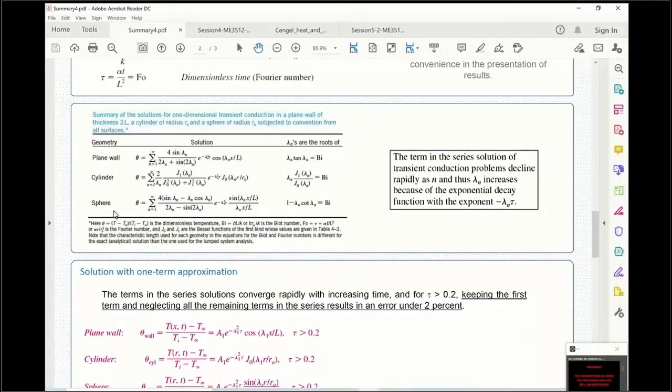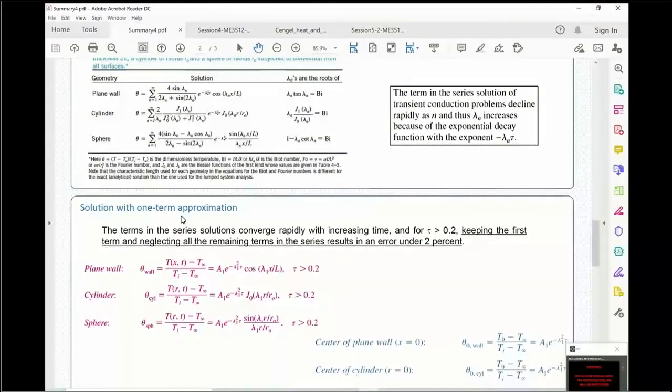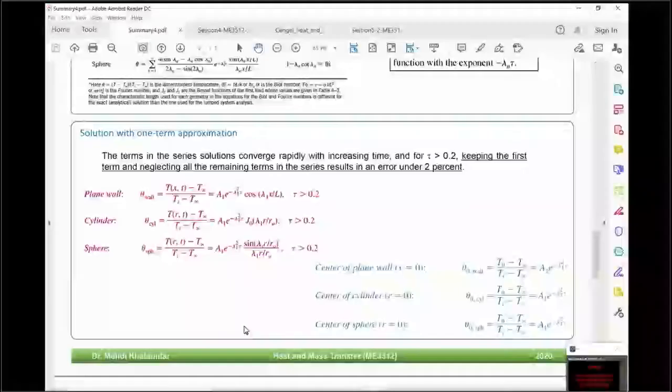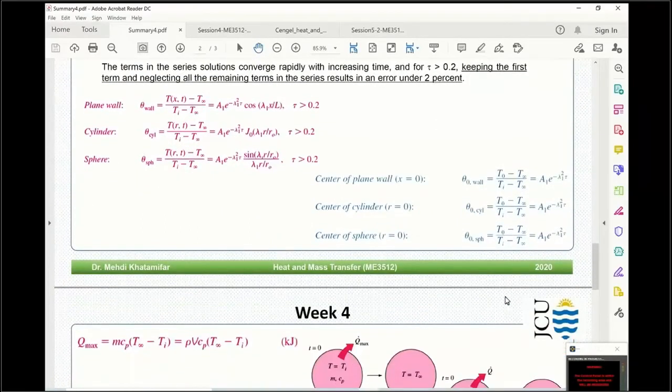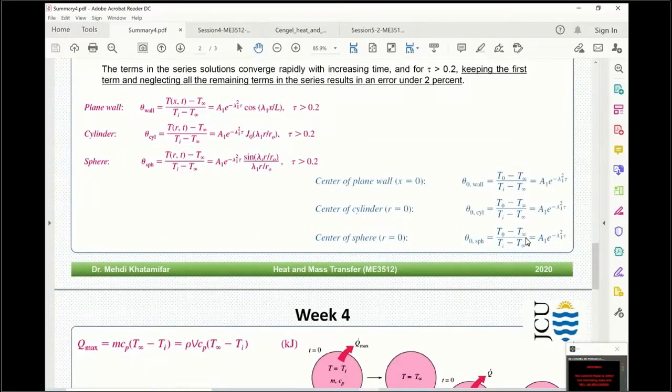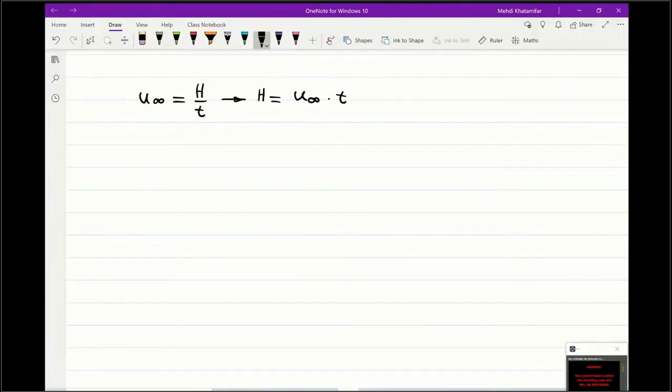And we had 3 different equations for a sphere. This one, if we had this tau or Fourier number bigger than 0.2, we could use this one-term approximation, use this equation. If we want to find it at the center, this equation, and we had some tables to do those things. So I'm going to follow that procedure.